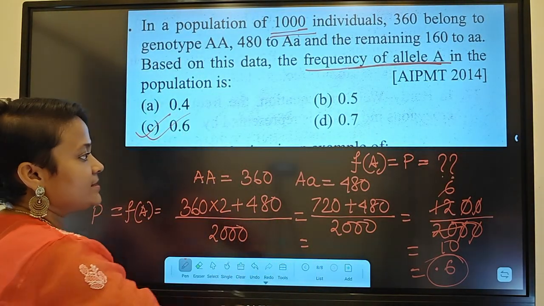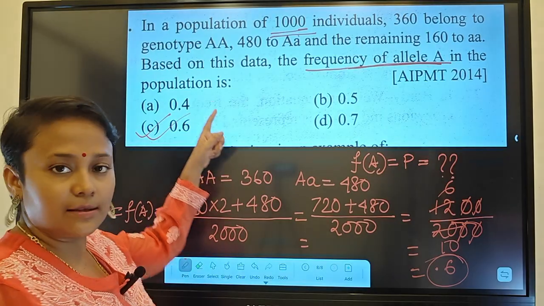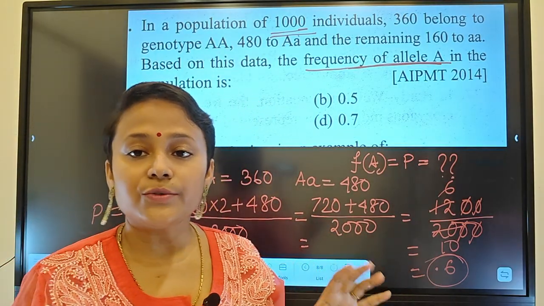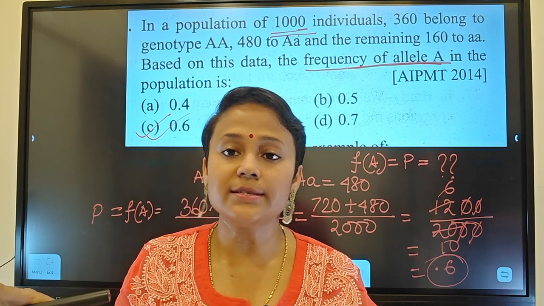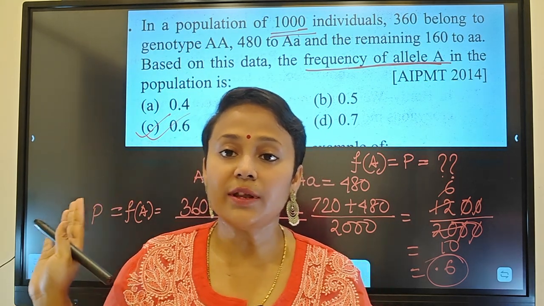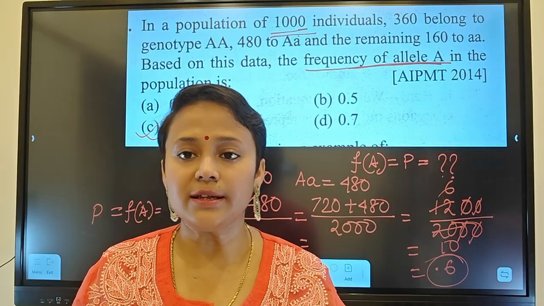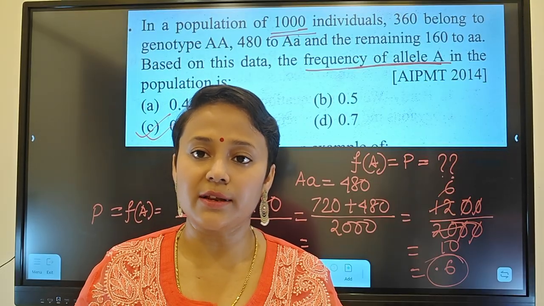Why am I applying this logic? Because in this particular problem, if you go directly, the answer will not come. So you have to apply the logic of the interpretation of gene frequency and how we can calculate it.